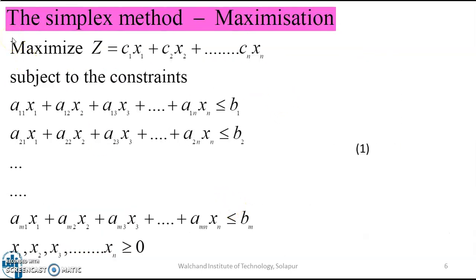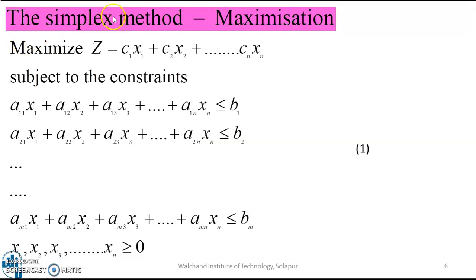Now in this video we are going to learn the simplex method. The simplex method is used to maximize the objective function subject to certain constraints. If the given problem is of minimization type, in that case also the simplex method is used with the help of a trick. We are going to discuss it later.